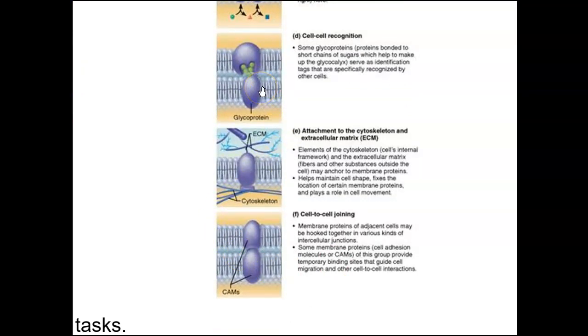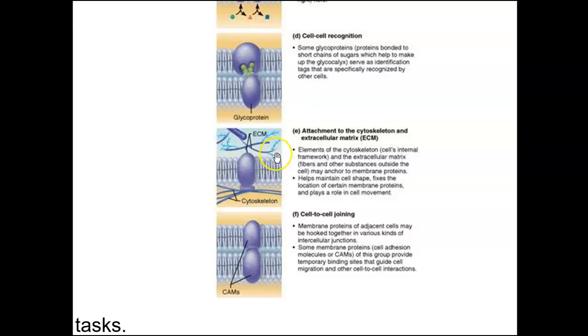We have glycoproteins, which function in cell recognition or tissue recognition. We look at those glycoproteins to determine what the blood type is for red blood cells, and to determine which tissues would work for a tissue match in organ transplants and tissue transplants.